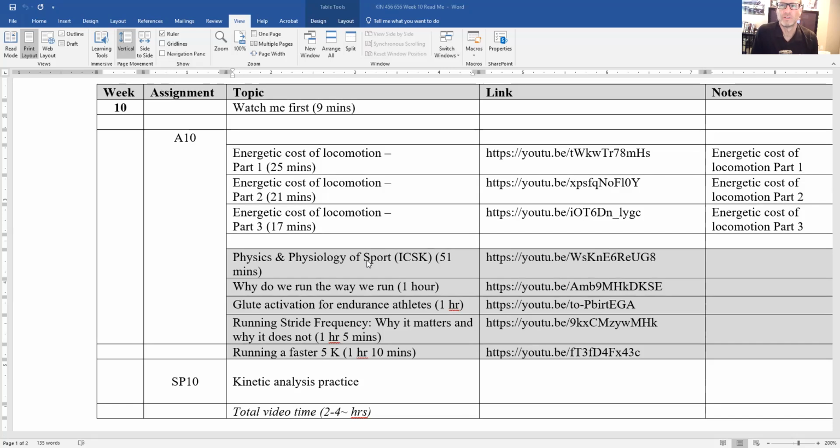That's a presentation that I really like, that question. It doesn't necessarily have any application, but it's more for the theory of doing research and why we sometimes just ask questions that are interesting. And then I have a glute activation for endurance athletes there.